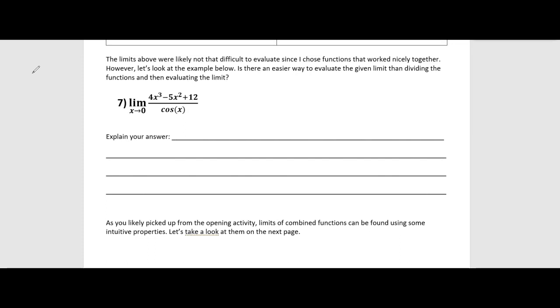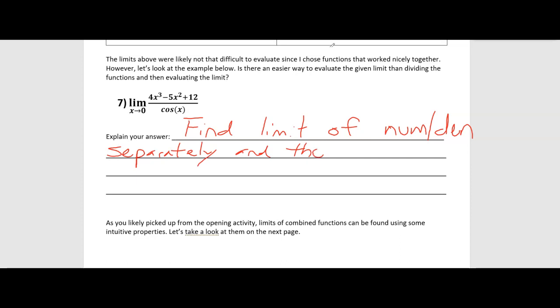We are allowed to split it up and take these two limits separately. So we could just say find the limit of the numerator and denominator separately, and then divide.